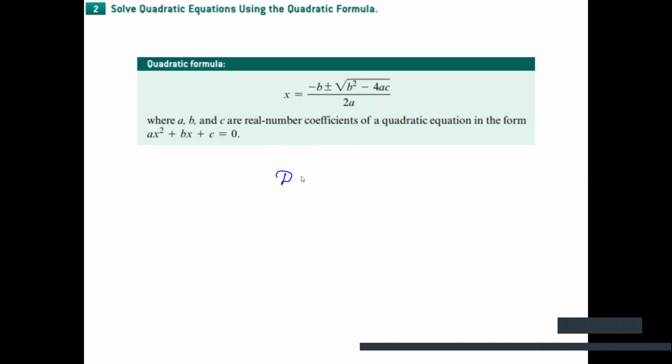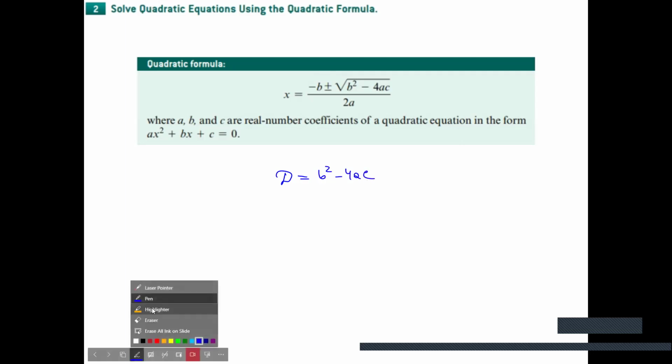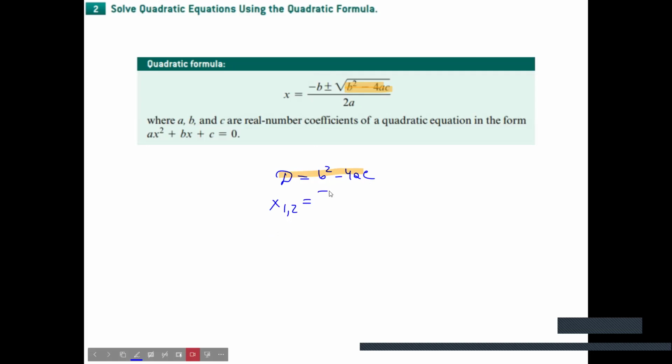D equals b squared minus 4ac. So basically, that is D, right? And now the second step, x1,2 equals minus b plus or minus square root of D, divided by 2a.